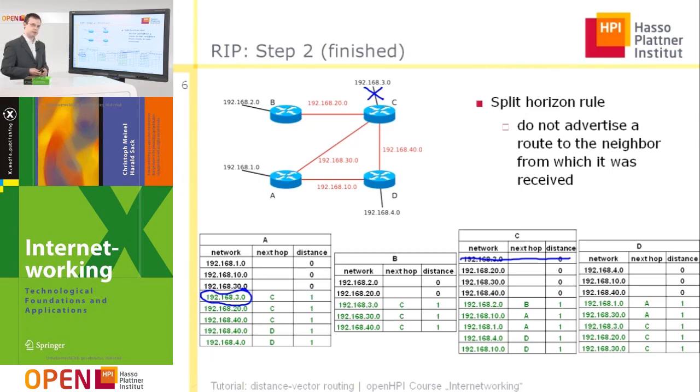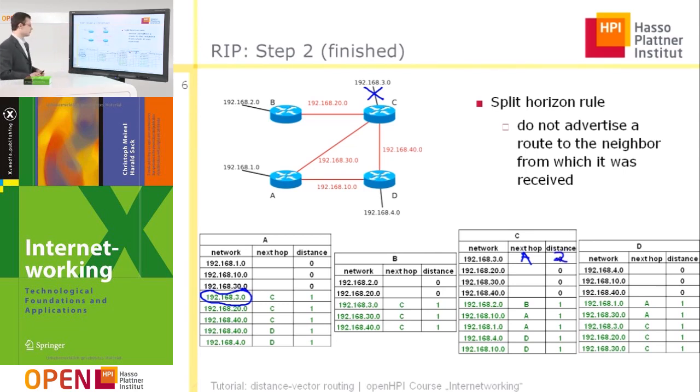Then, during the next exchange iteration, the router A will send this information back to the router C. And as soon as router C doesn't have the information about this network in its routing table, it will of course accept this update and install this route from the router A with a hop count 2 instead of 0.